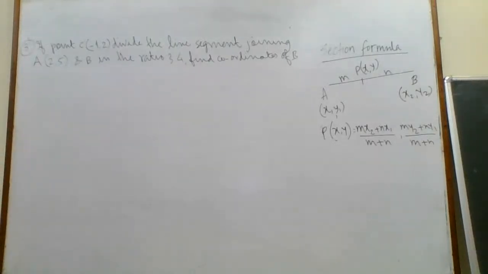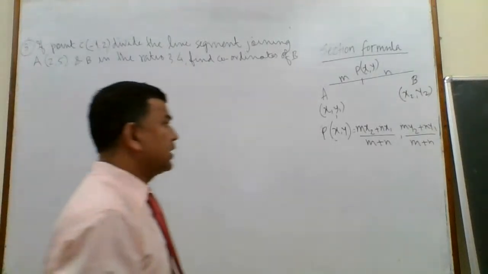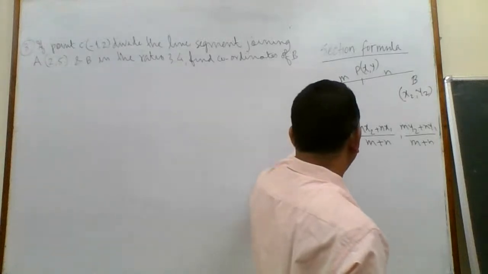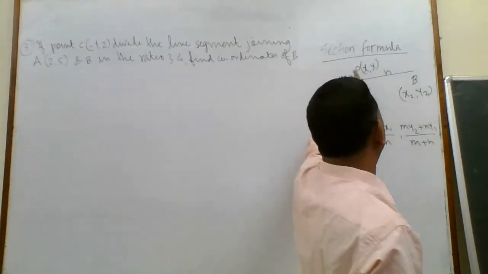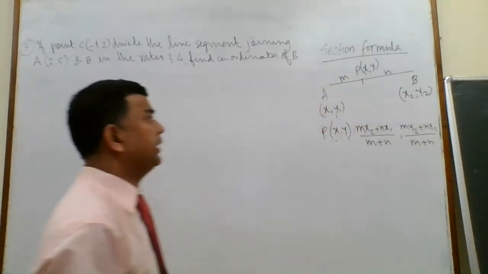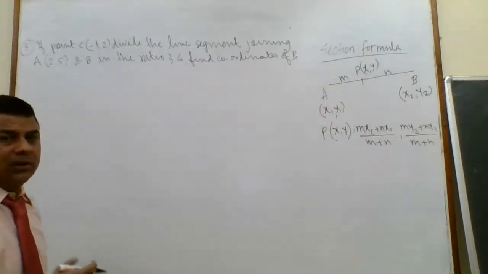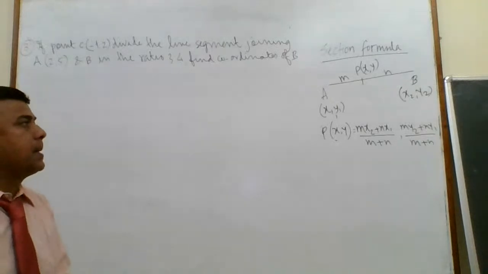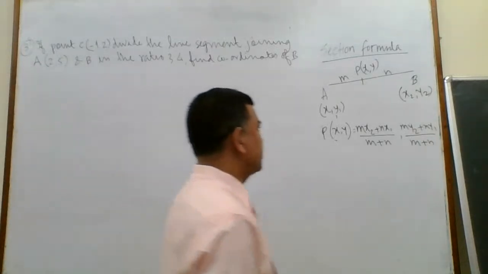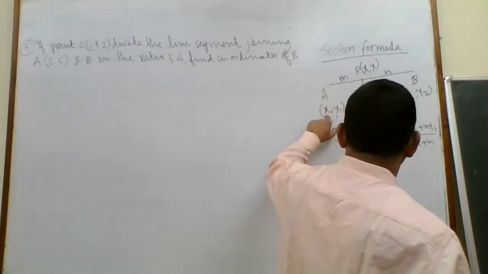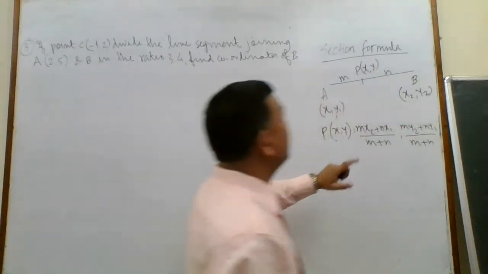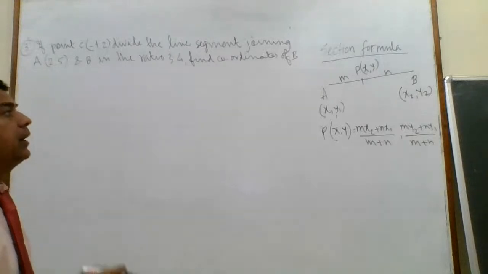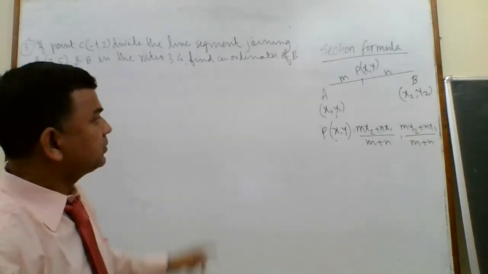So till now we have done two types of questions. In one type of question, point A was given, B was given and the ratio was given. We were asked to get the point P. Questions number 1 and 2, the other day, were like that. In the second type of question, point A was known, B was known, and P was either fully or partially known, and you were asked to get the ratio.